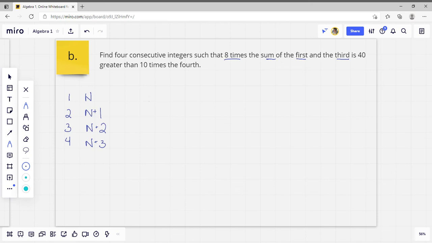The first would be n, and the third would be n plus 2, and all that gets multiplied times 8. I'm going to put my equal sign, and then multiply 10 times the fourth, and the fourth is n plus 3.